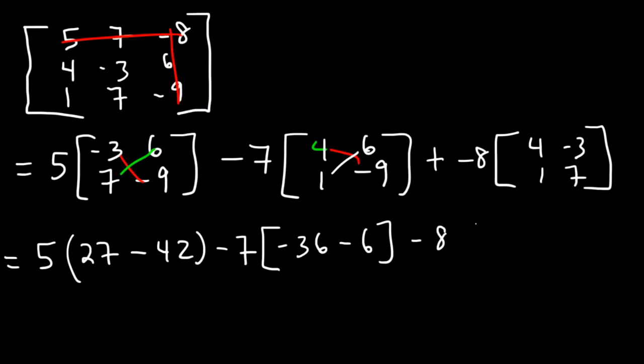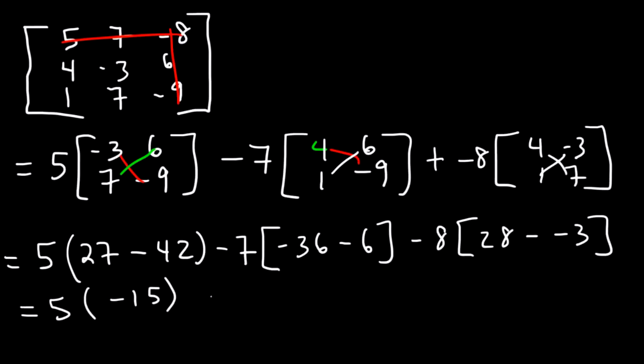And then this is going to be minus 8. 4 times 7 is 28. And then 1 times negative 3 is going to be minus negative 3. 27 minus 42, that's negative 15. Negative 36 minus 6 is negative 42. And 28 minus negative 3, that's 28 plus 3, that's 31.